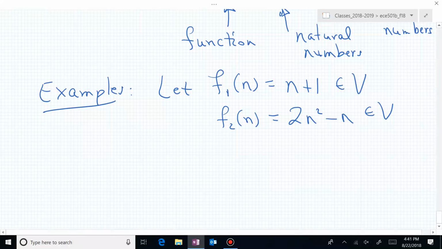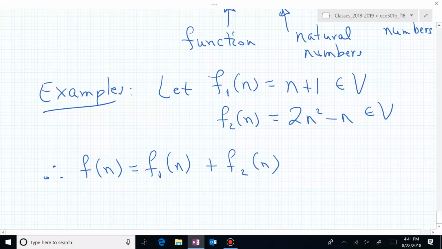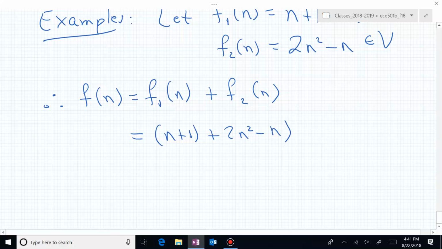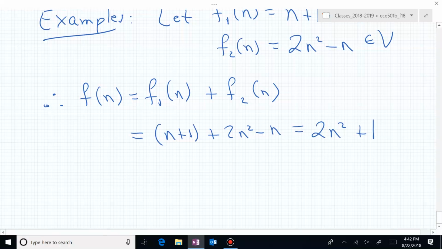But yes, it is. If we now said, oh, let's just call f of n equal an algebraic sum or a linear combination, and I'm not going to even scale those, I'm just going to say f1 plus f sub 2. Now we have n plus 1 plus 2n squared minus n, and that's also in the vector space.